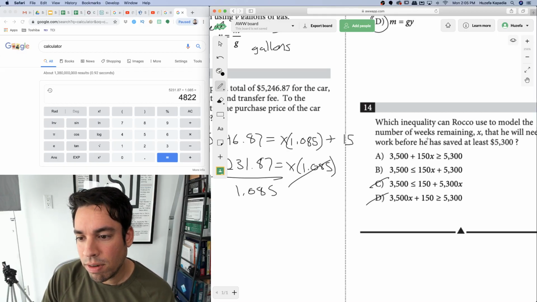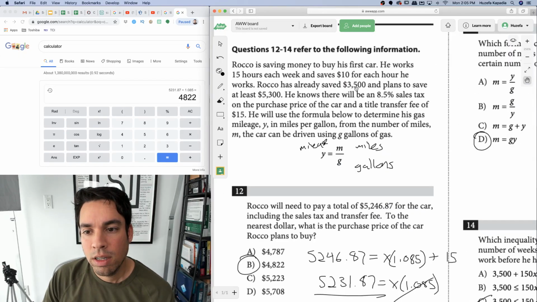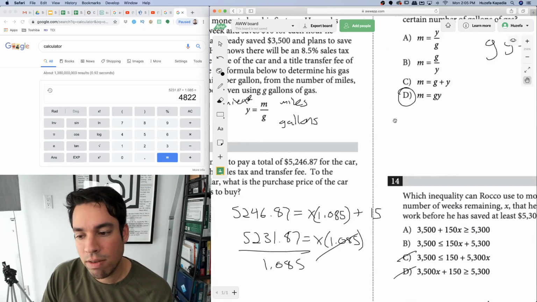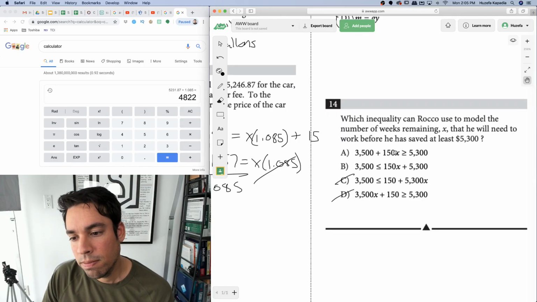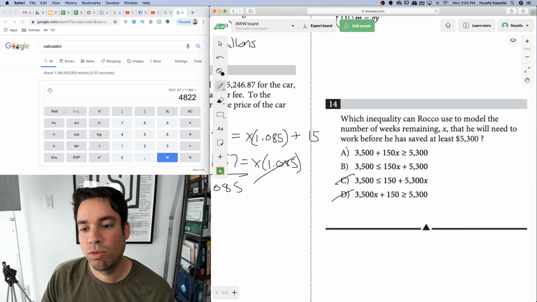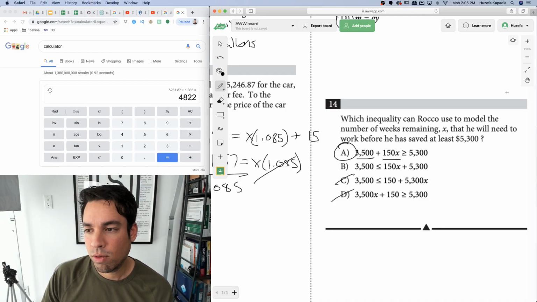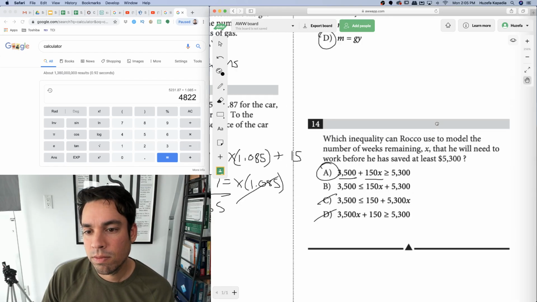And so he's got 3,500, and he's saving 150 a week because he saves $10 for each hour. He works 15 hours, so that's 150 he's saving every week. And we want it to be at least 5,300. So this is what he starts with plus what he's saving equals this. This is backwards. All right, that's it.